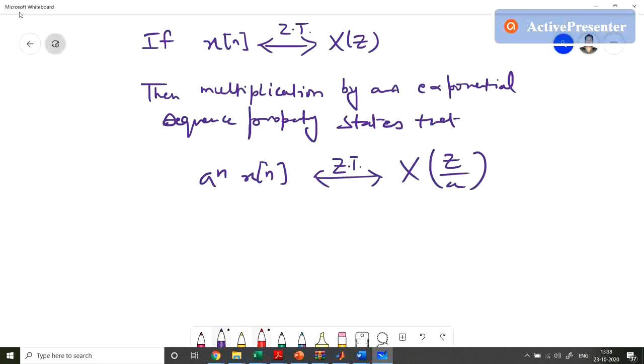So if the Z transform of x[n] is X(z), and you multiply with a raised to the power n into x[n], the Z transform will be X(z by a). This is called the multiplication by exponential sequence property.